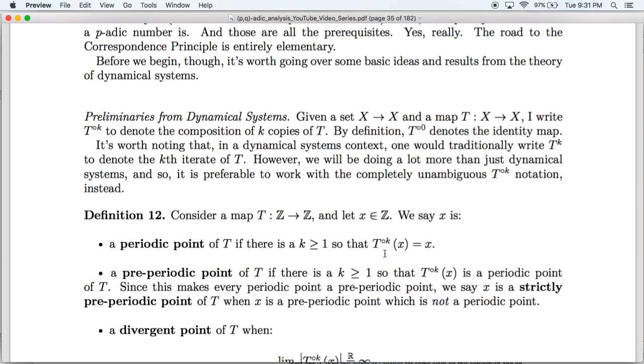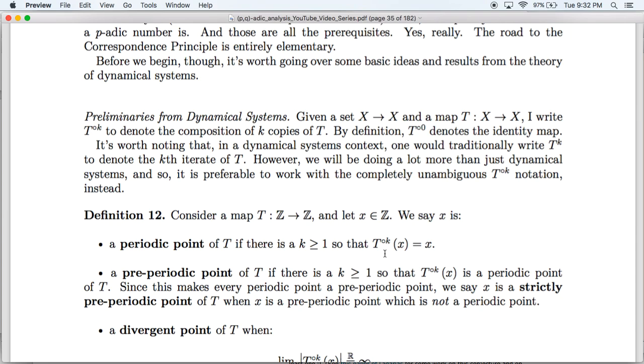So this means that every periodic point is pre-periodic, but not every pre-periodic point is periodic. And so we say x is strictly pre-periodic if x is pre-periodic but not itself periodic.